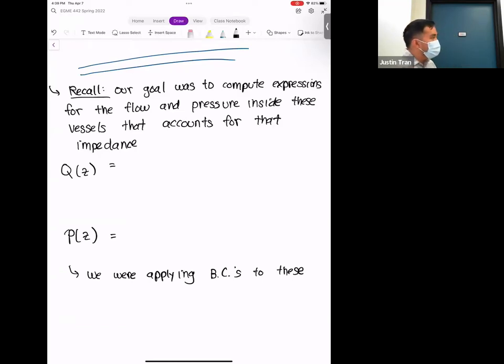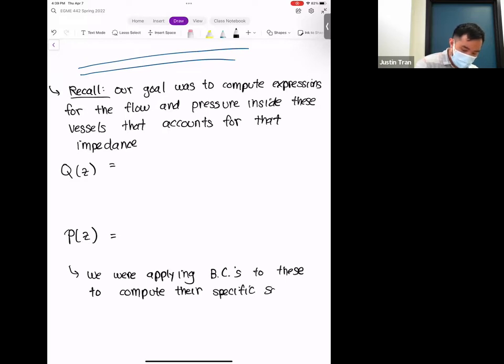We were right in the middle of applying boundary conditions to solve for the specific solution. We weren't quite done with that, but I do want to move on to the next step. So let's assume that we've done all the mathematical boot camp and plugged in our boundary conditions, and we end up with the following.